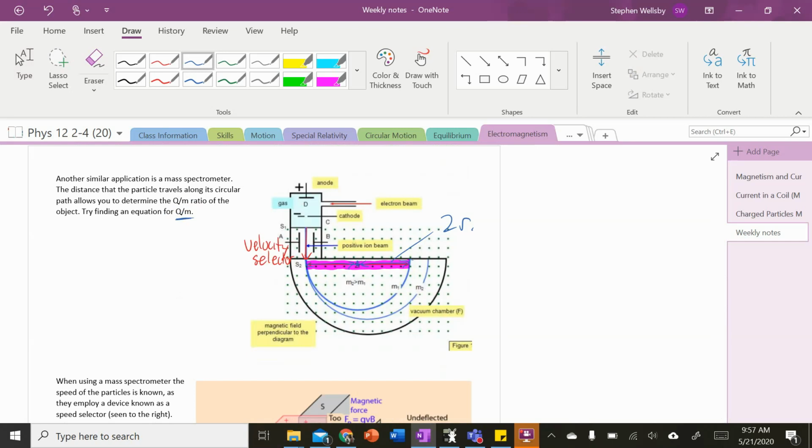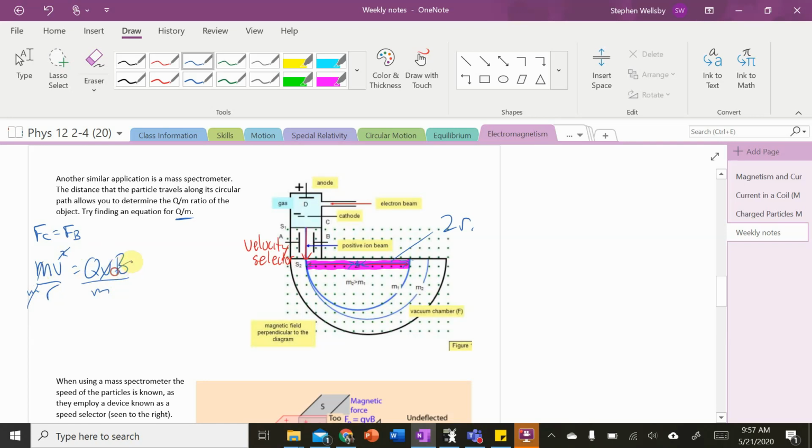Okay, so hopefully you're back after trying that. So let's give this a shot. So we know FC equals FB. And that means that mv squared over r is going to equal qvB. Like as before, we can cancel out those v's. And we're trying to find a charge to mass ratio. So I'm going to divide this side by m and this side by m. Those cancel out.